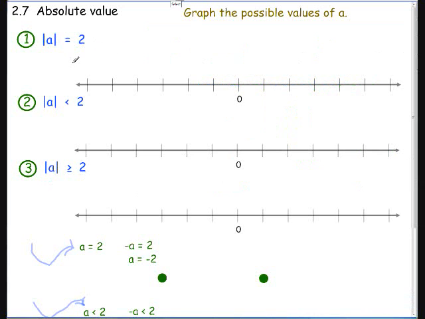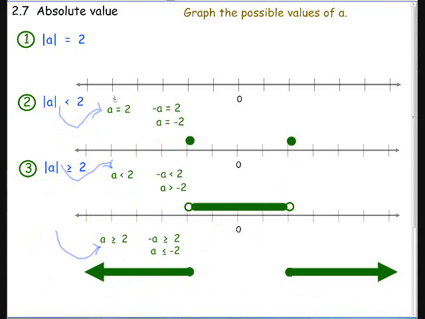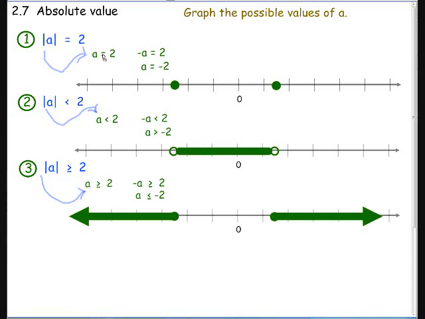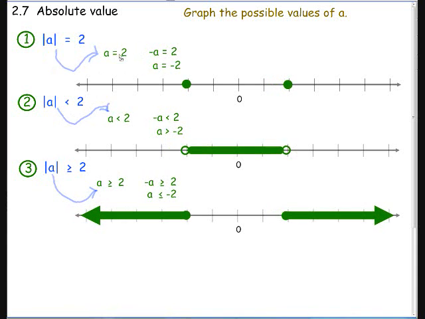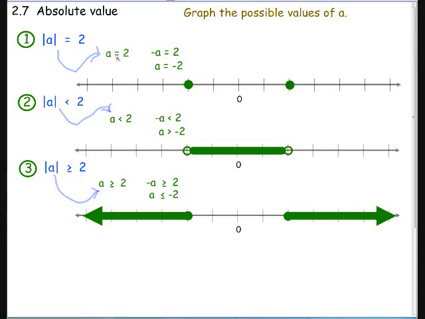We're going to graph absolute value here. The absolute value of a equals 2. Well, what are the possibilities? We're going to take a look at all of them, and let's put them on here where they belong. A could be 2, or it could be negative 2.